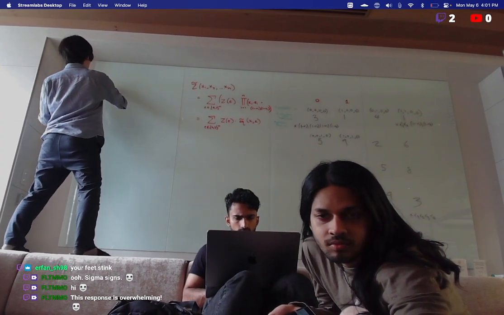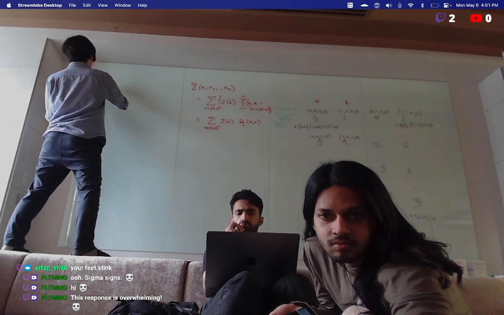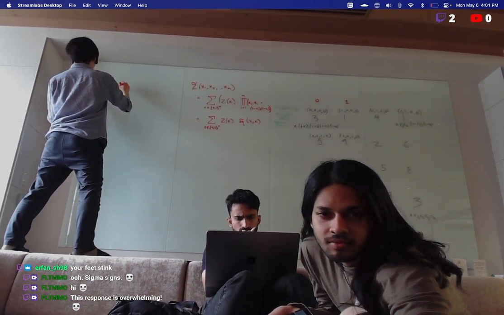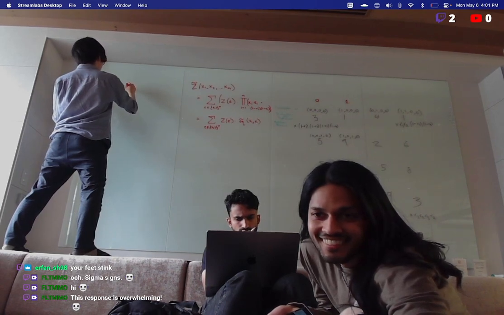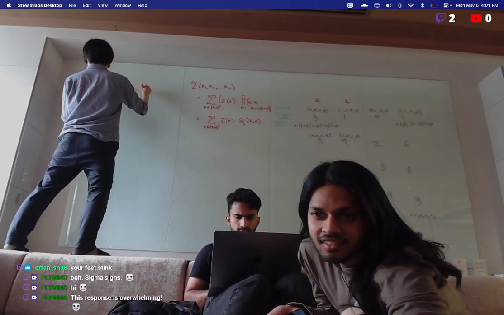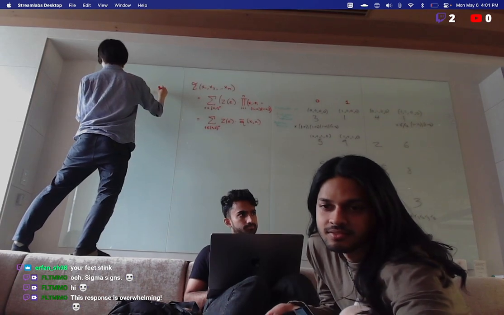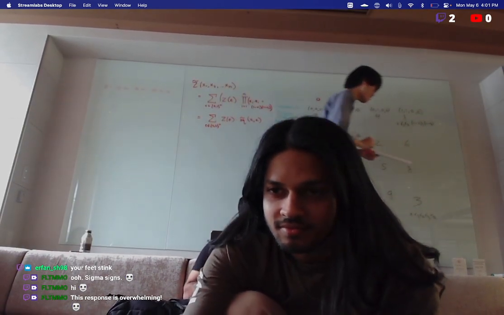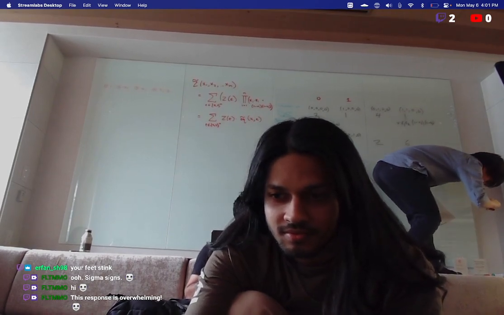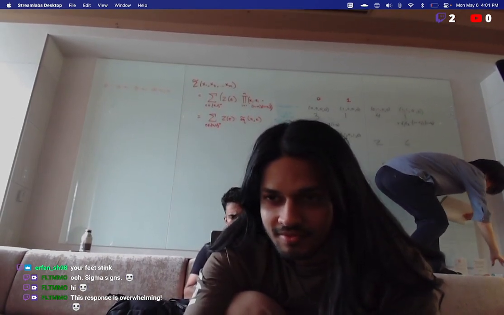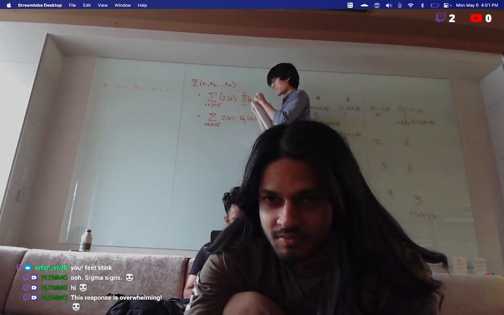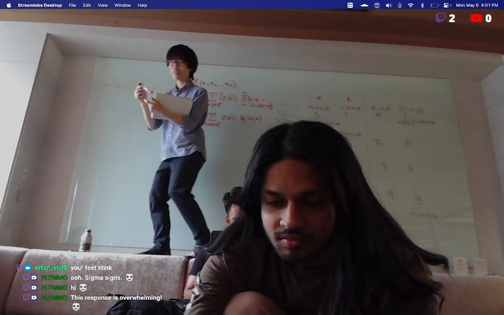So first bit is one, second bit is x zero. Sorry, you can use another marker. It's very good, the white one.